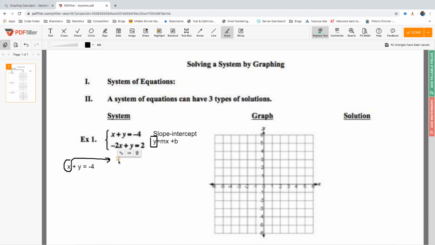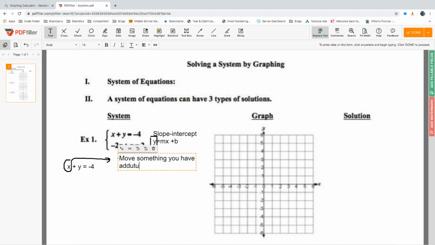So here's a rule of thumb. Whenever you have to move something within an equation, you have to use addition or subtraction. The only way that I can move something within an equation is to use addition or subtraction.